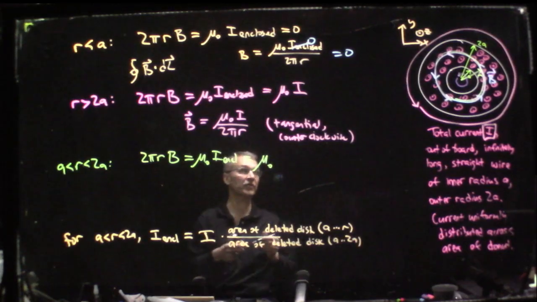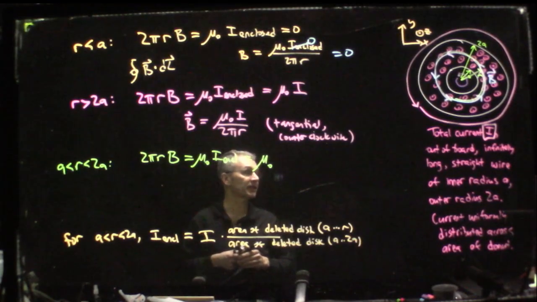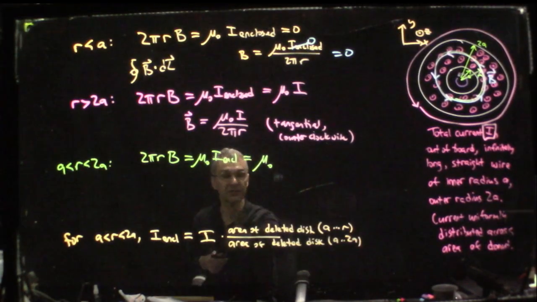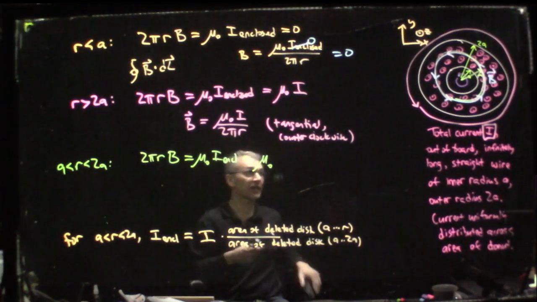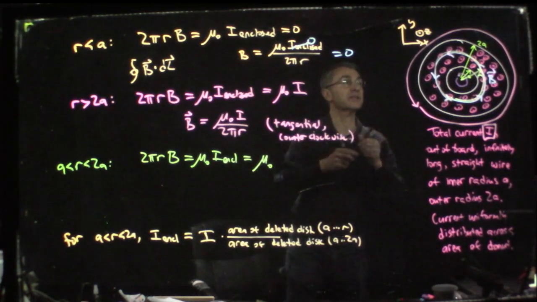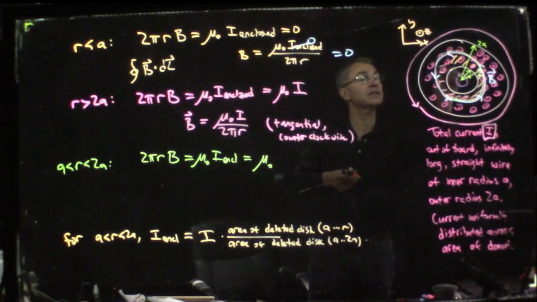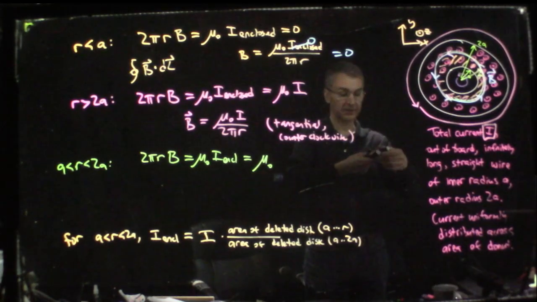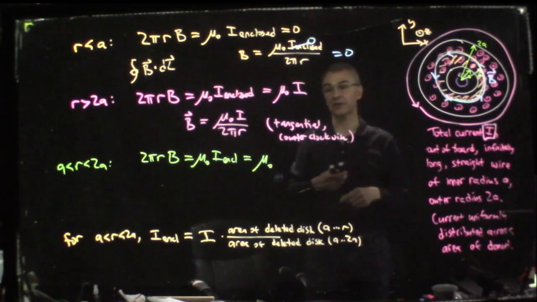You see, the question is just what fraction of the current do I enclose? And that's the same question as what fraction of the area do I enclose? And so it's the area of this smaller deleted disk, like the area of this shaded region, divided by the area of this original region that carries the whole current.